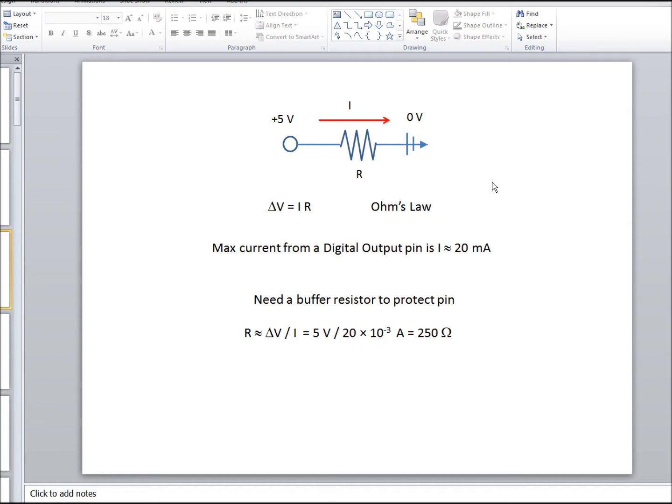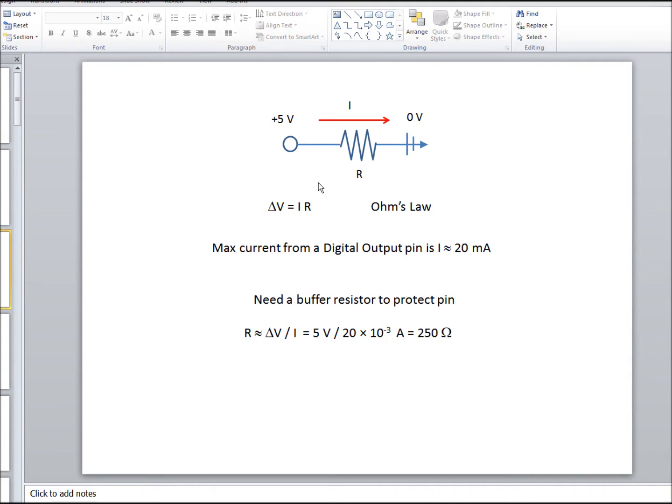One thing to note about our computer chip, it's not like a battery. It's more of a control, and batteries can supply lots of current, but not our computer chips. The maximum current from a digital output pin is about 20 milliamps. If you try to draw more than 20 milliamps from one of the pins or from a bunch of the pins at the same time, you're going to have problems.